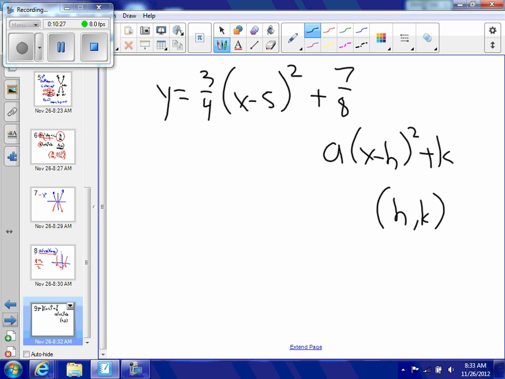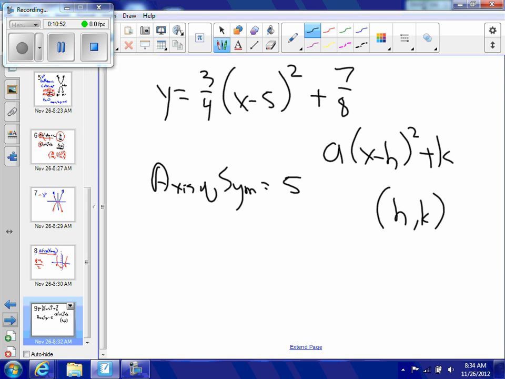The x value of my vertex is my axis of symmetry. Everybody okay with that? Looks very similar. My axis of symmetry is 5. That's my h value.